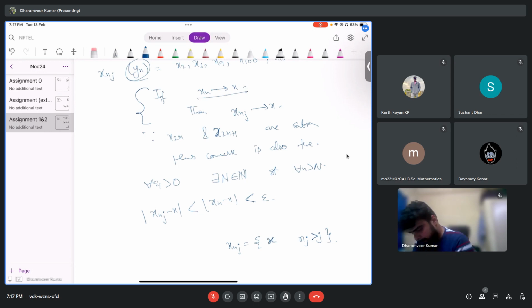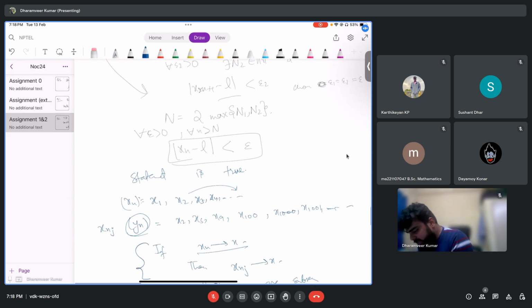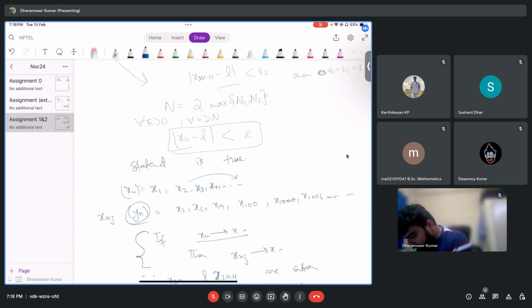You're always picking next numbers. For the first element, it will always be 1 or greater than 1.